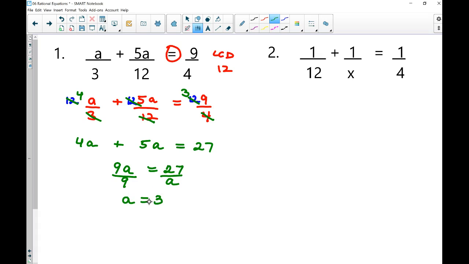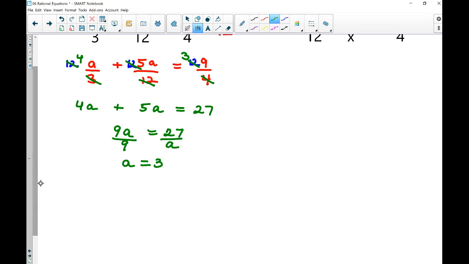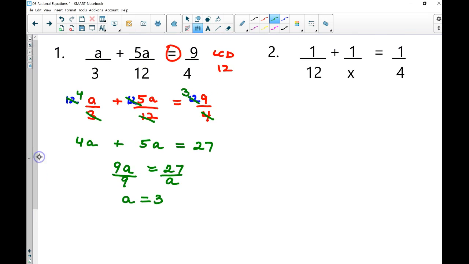With this type of method, you have to check the original equation. So we're going to restate the original equation, and wherever you see an A, you're going to replace it with a 3.